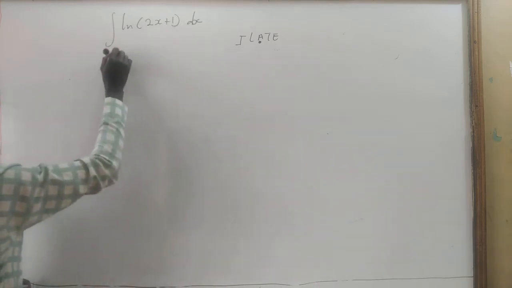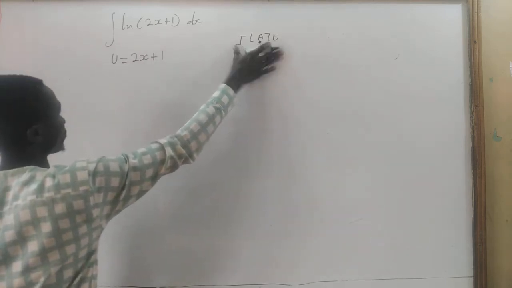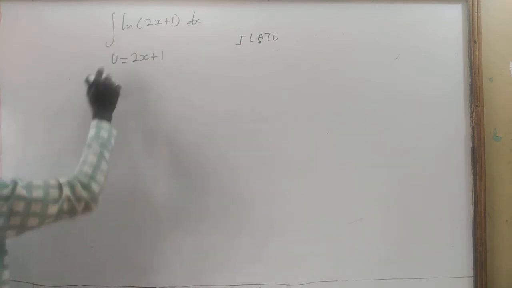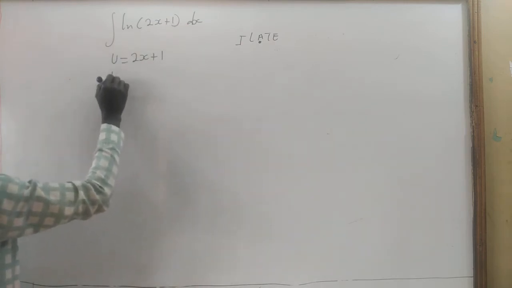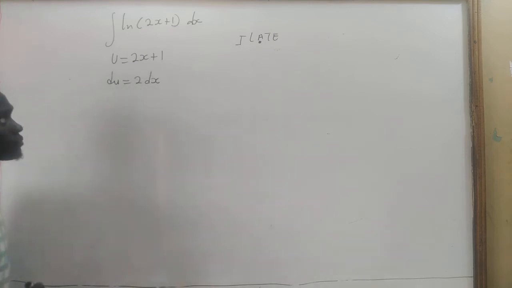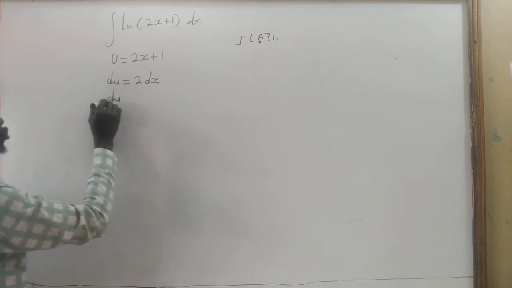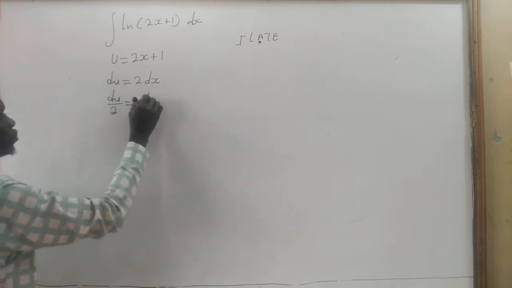So let's say that we take u equal to 2x plus 1, to break this one down. Then we are going to have du equal to 2 dx. And now du divided by 2 is equal to dx.